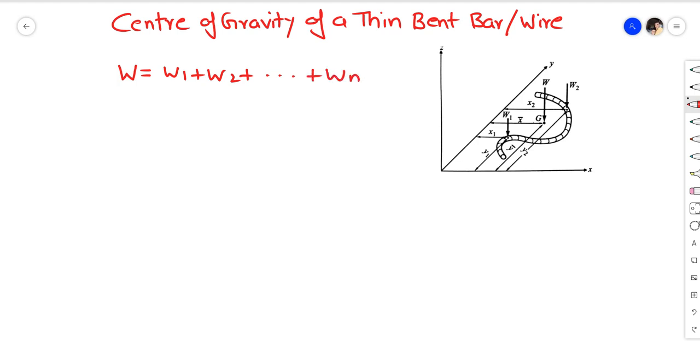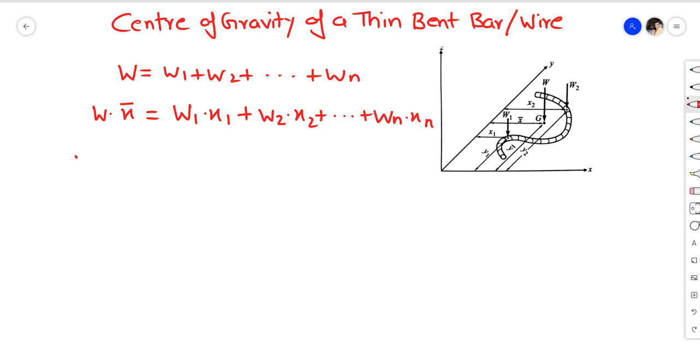So if I take moment about y-axis and apply Varignon's theorem, I can write W into x bar is equal to W1 into x1 plus W2 into x2 up to Wn into xn.